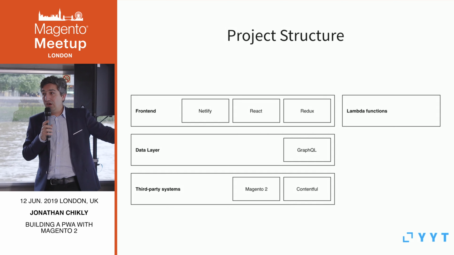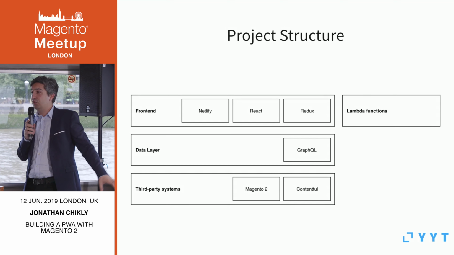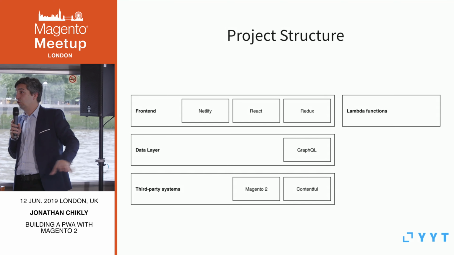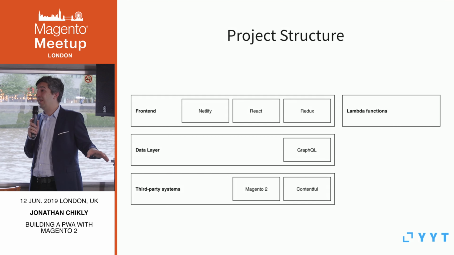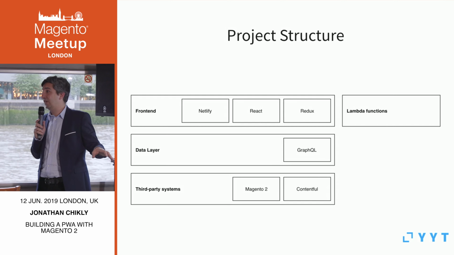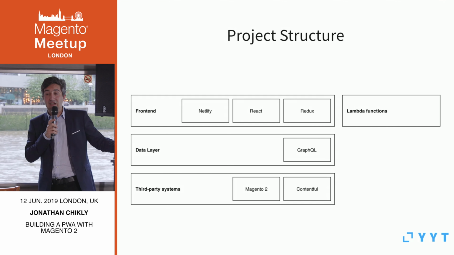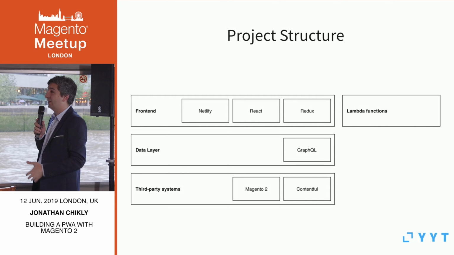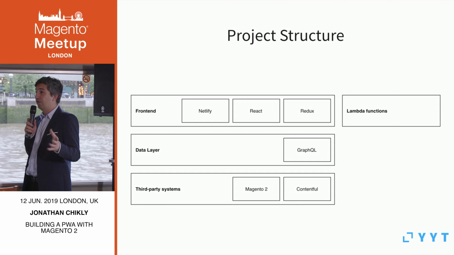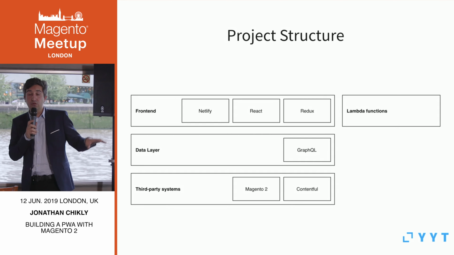Then we have the data layer that's managed by GraphQL. The great thing about Gatsby is that it configures GraphQL in a way where we can fetch data in a consistent manner for any type of data, for any source of data. In our case, since we're working with Magento 2 and Contentful, we get the data from either system very quickly using the exact same interface.